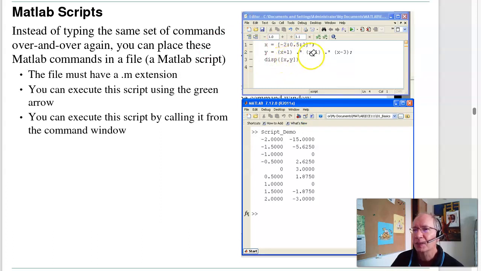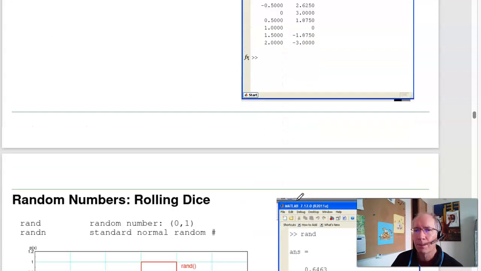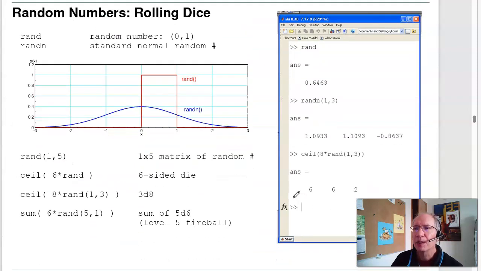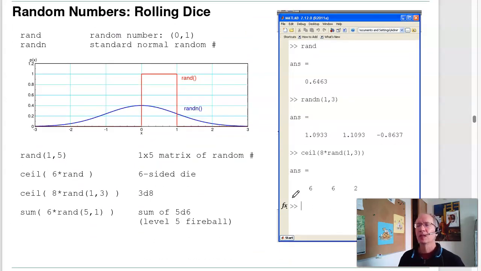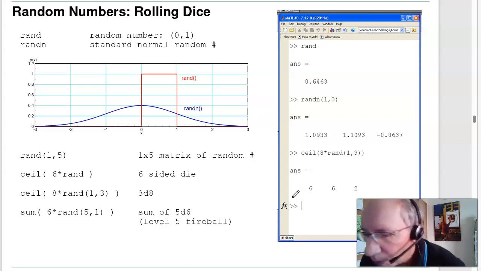Y is x plus 1 times x minus 1 times x minus 3, and then display x versus y. So here's what you have. This is your x, there's your y, there's my data. And we're going to be using scripts quite a bit in just a little bit. So let's have some fun with scripts.